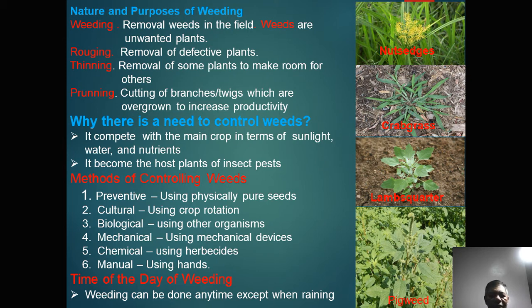Common in the seedbed when we produce seedlings. You have to thin. You have to remove other seedlings so that they will not be overcrowding and to make room for others to grow properly.